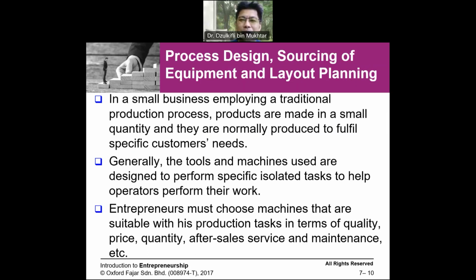Kalau kita boleh refer, we are referring to McDonald's and fast food chains like KFC and all that. Memang dia ada this kind of layout planning, design and everything. So not as perfect as we could imagine, but somehow dia ada planning.